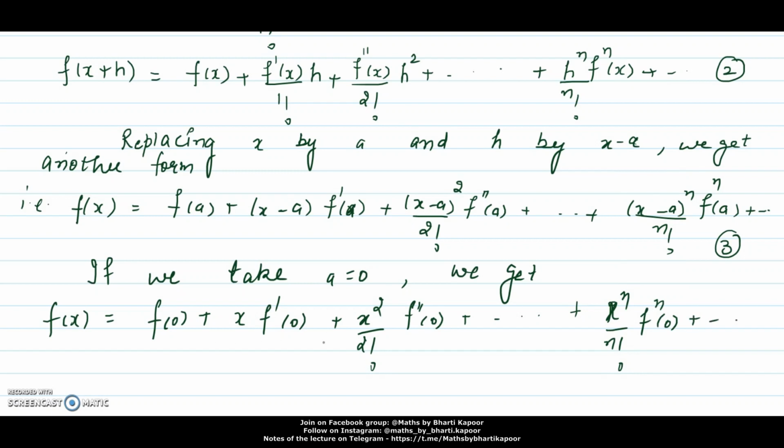Then the form so obtained is called the Maclaurin's expansion of f(x).